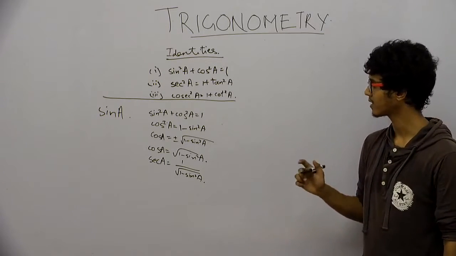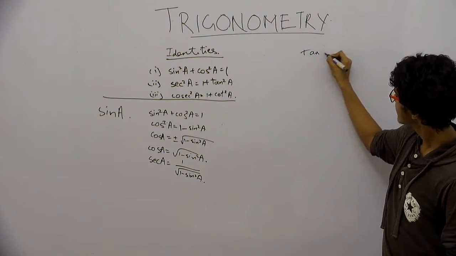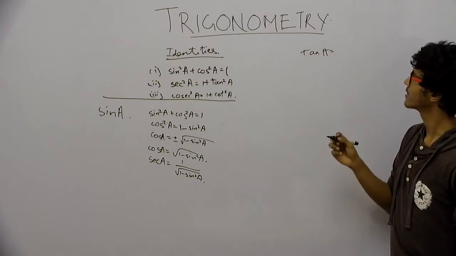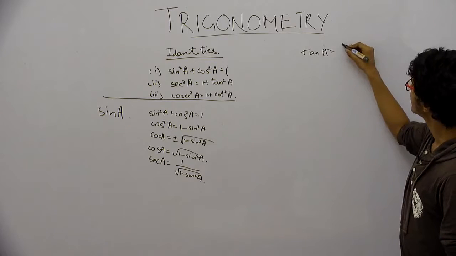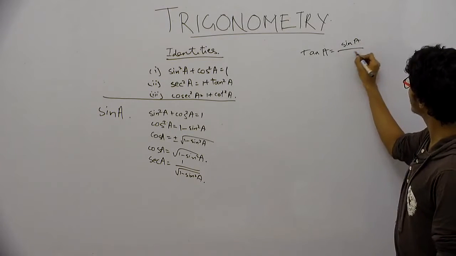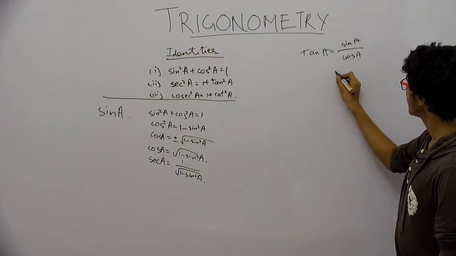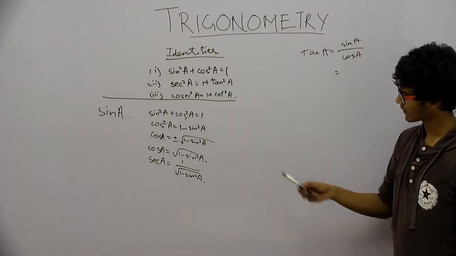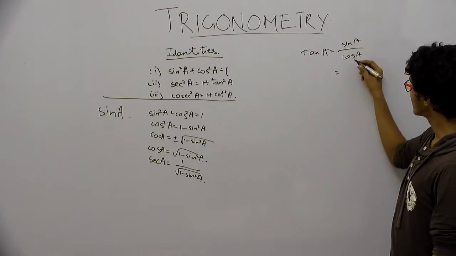We are left with tan and cot. What do we know tan as? Tan A, in terms of sine and cos, we know it is sine A divided by cos A. Now we have already found out the value of cos in terms of sine, so we substitute here.